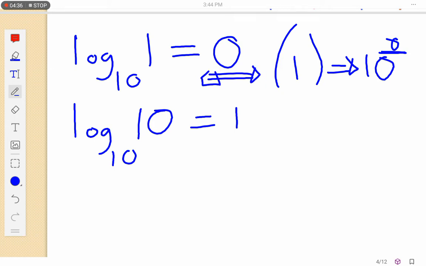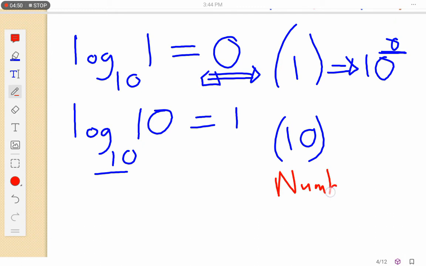So this power there is the one that it is getting here. I hope I have explained myself. The same goes to this one. Like from that introduction I gave, this is the number and this is the power. This 1 here is the power, so this becomes 10 to the power of 1.